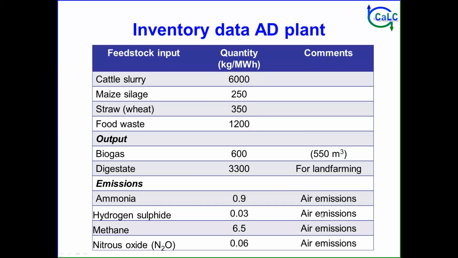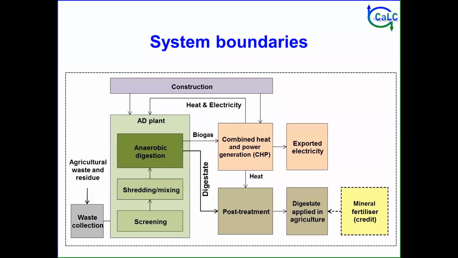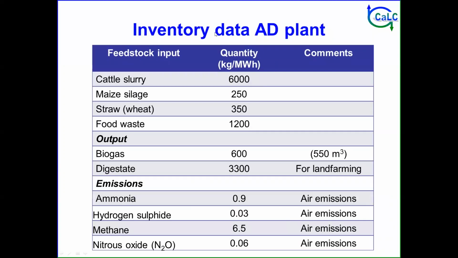So then we collect the inventory data for the plant. As we said, there are 3 stages: the AD plant, combined heat and power generation, and then the digestate application and treatment. So, the AD plant data. Here we have assumed some feedstocks, say cattle slurry, maize silage, a combined mix of different feedstocks, wheat and food waste. These are the quantities we estimated will be required to generate 1 megawatt hour of electricity as the functional unit.